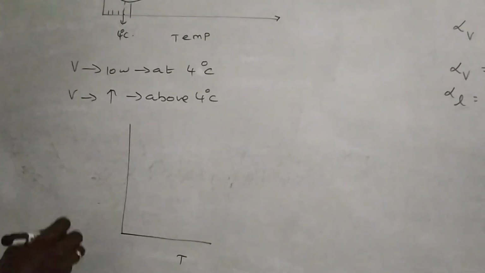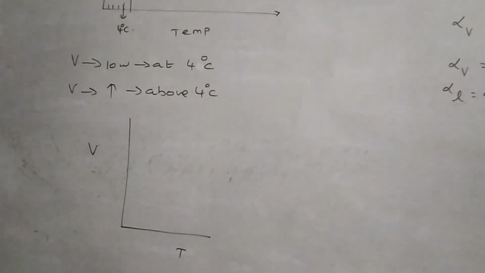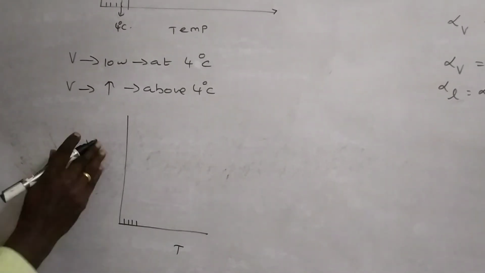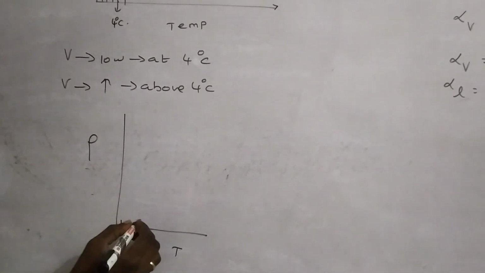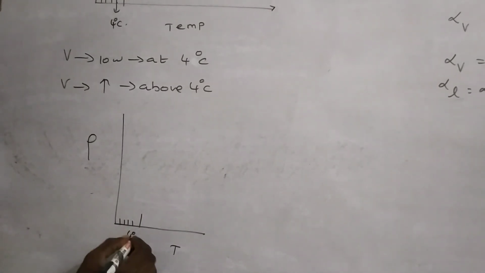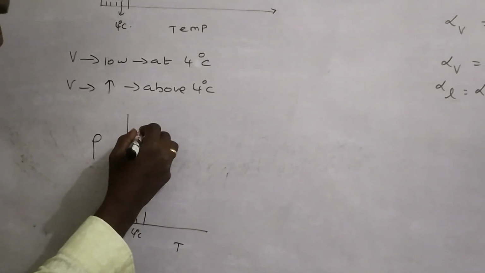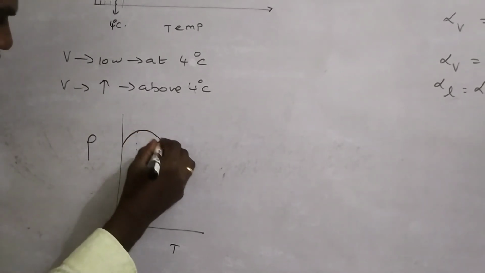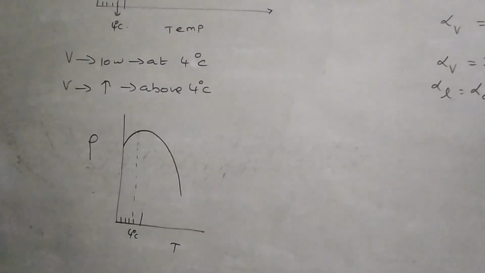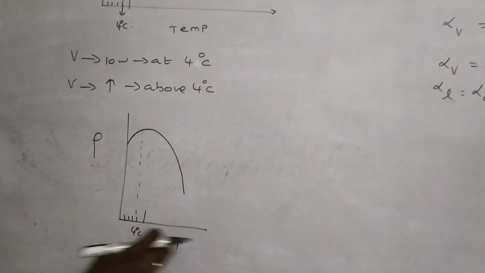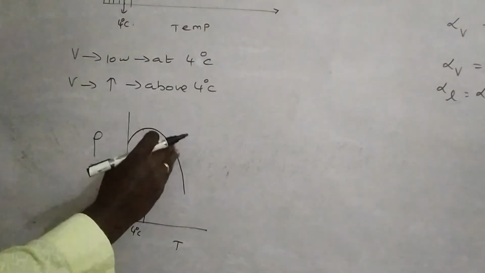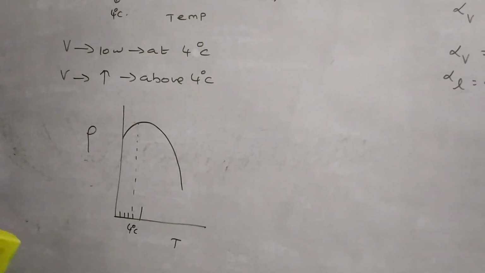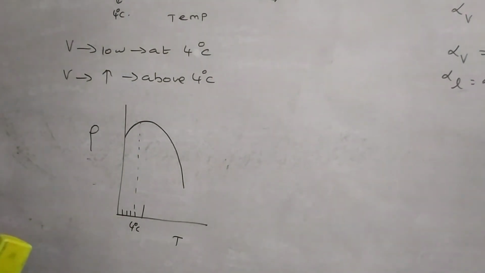With temperature along the x-axis and density along the y-axis, at 4 degrees Celsius density is more. Above 4 degrees Celsius, density starts to reduce.